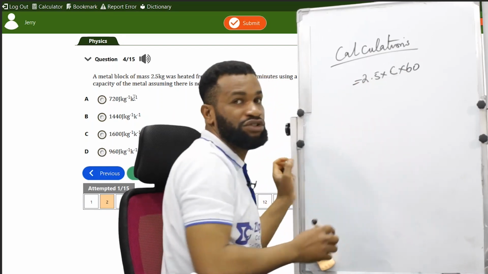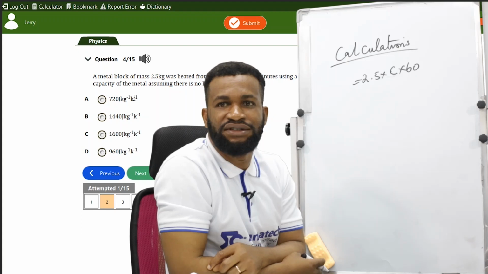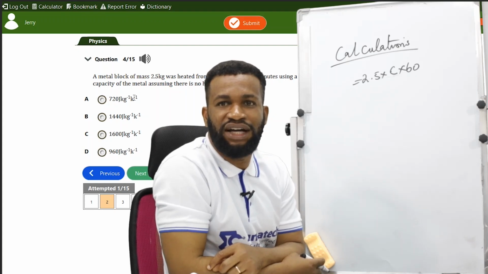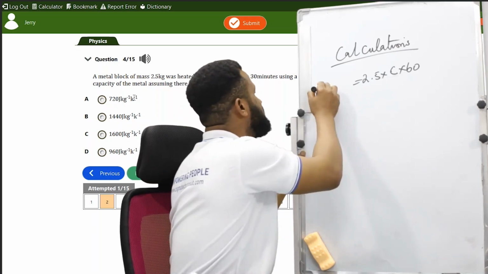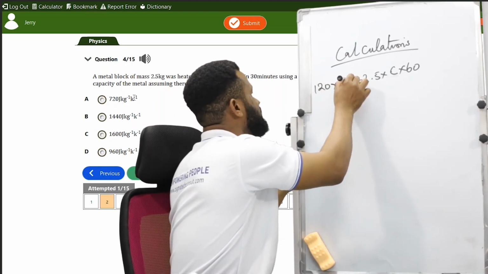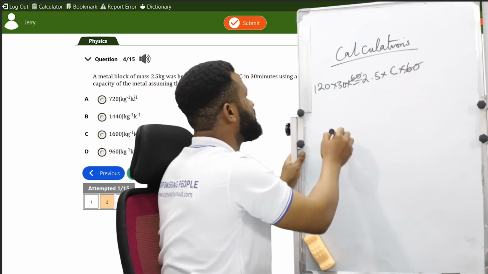And all this is going to be equal to the electrical energy, which is given by the watts and the 30 minutes. So the watt is given as 120 times 30 times 60. So this 60 will cancel this 60.